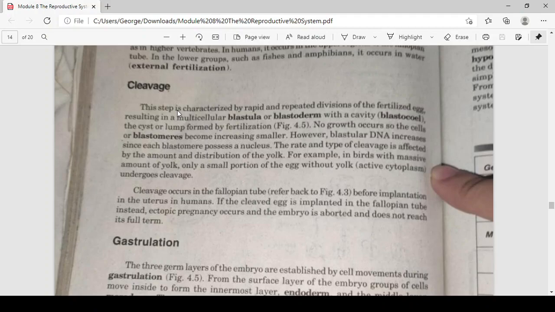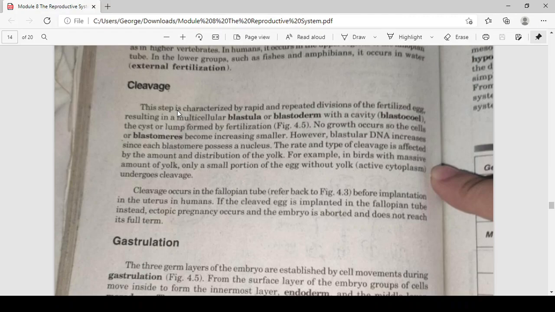Next, you have cleavage. Kids, this step is characterized by rapid and repeated division of the fertilized egg. Again, this is not the cleavage that you're thinking of. It results in a multicellular blastula or blastoderm with a cavity called the blastocoel. No growth occurs, so the cells, or blastomeres, become increasingly smaller.